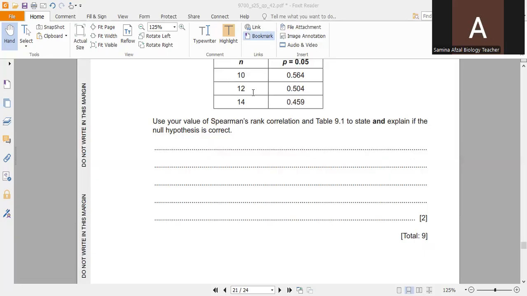The value we calculated in the previous question was 0.923, which is greater than 0.504. If it is greater, then we will reject the hypothesis. We can write: because 0.923, the calculated value, is larger than 0.504, which has been given in this table as the critical value.